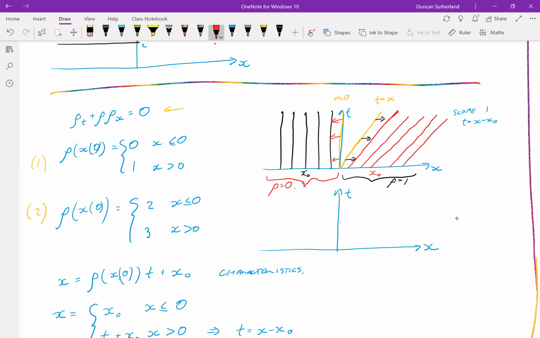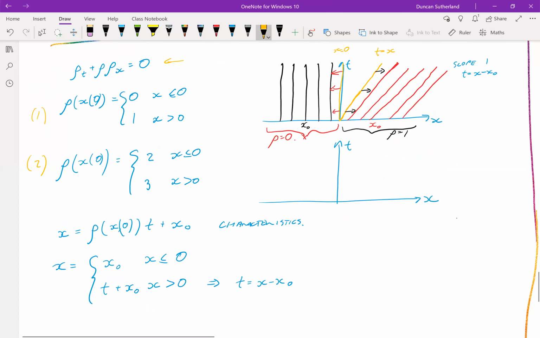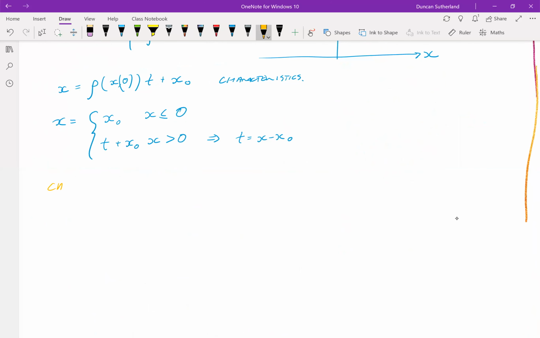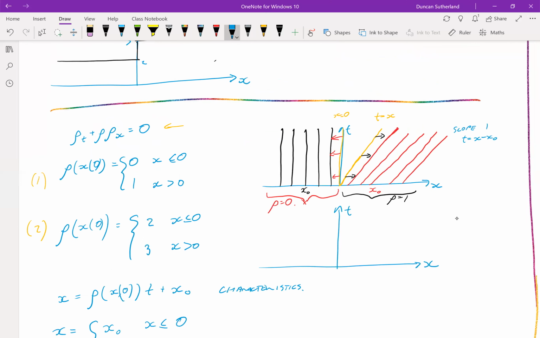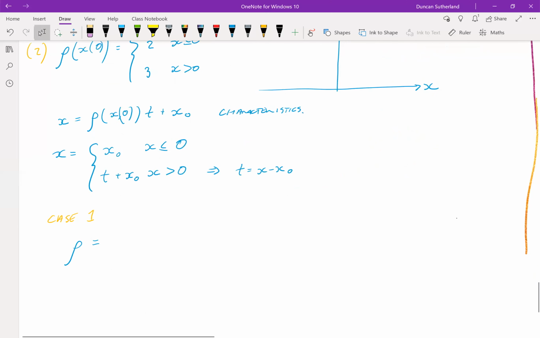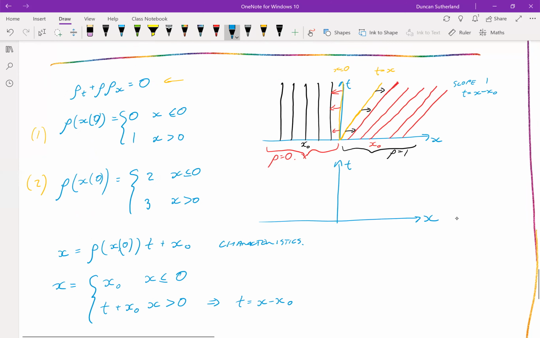So we want to write this mathematically. So, case 1, rho equals, this one's easy, x has got to be less than 0, or less than or equal to 0 in the way that we've set it up, the density is 0, right?